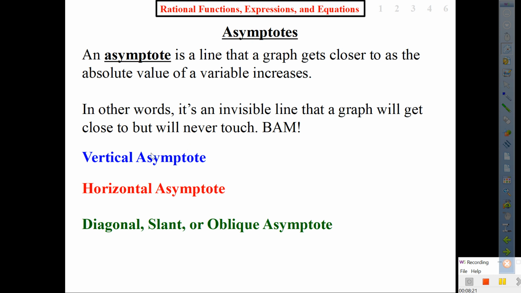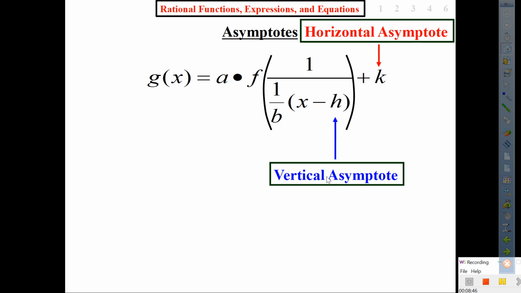So last week I said we were going to be working with the easy ones, which was vertical and horizontal. Today and tomorrow we're going to continue with these, but then by the end of the week we're going to move on to the funner ones, which are these, the oblique. Yay! So we know that h is our vertical asymptote, k is our horizontal asymptote, yes?